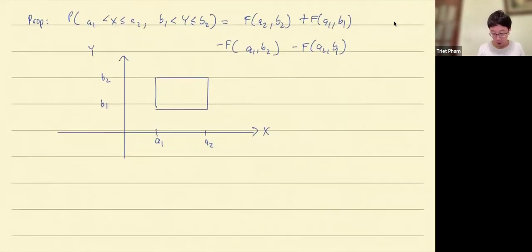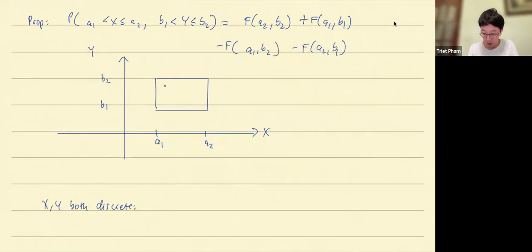But if you specialize to both discrete, we know what this means. That means that the support of both X and Y are on discrete values. And if that's the case, then if you draw them together on the Cartesian coordinates, they form dots on the plane.